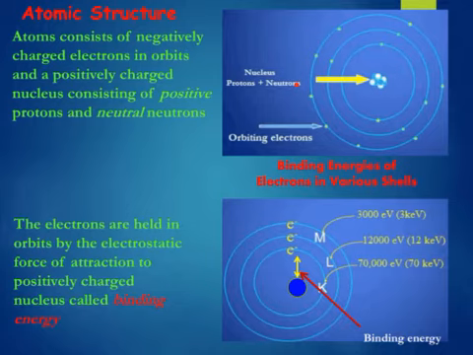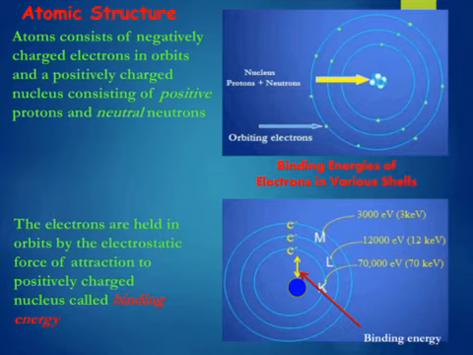So the net charge of the nucleus becomes positive, whereas the electrons are negatively charged and they spin around the nucleus, and they are kept close to the nucleus with the help of a force, and this force is called the electrostatic force of attraction.